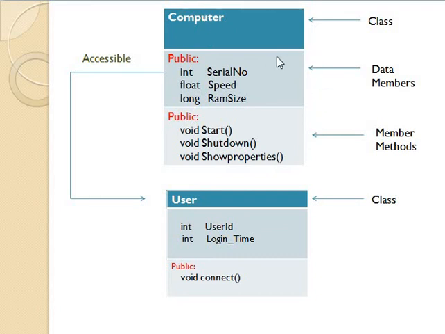Now in this figure, the class user is a class declared outside the class computer. Since these data members serial no, speed and RAM size are declared public, they shall be accessible within their own class computer as well as to the class user, which is declared outside the class computer.